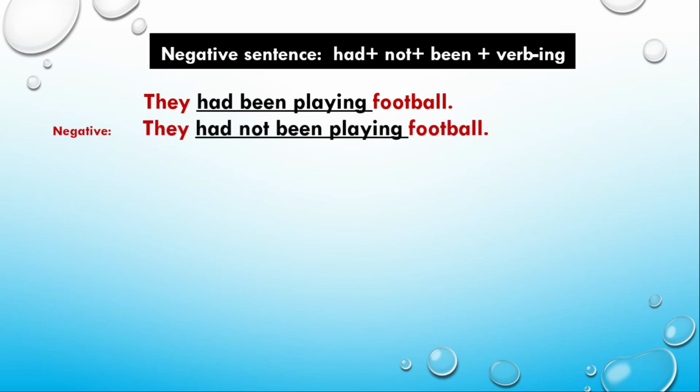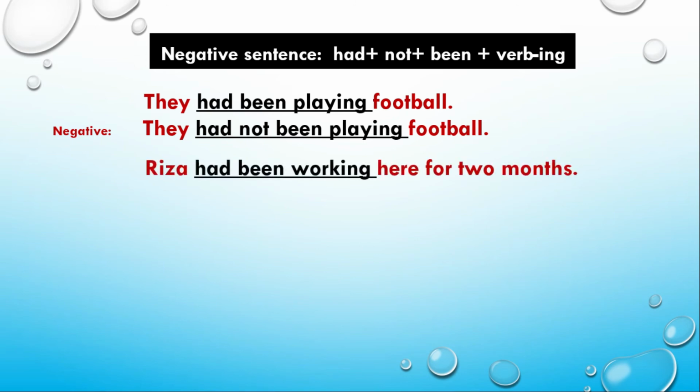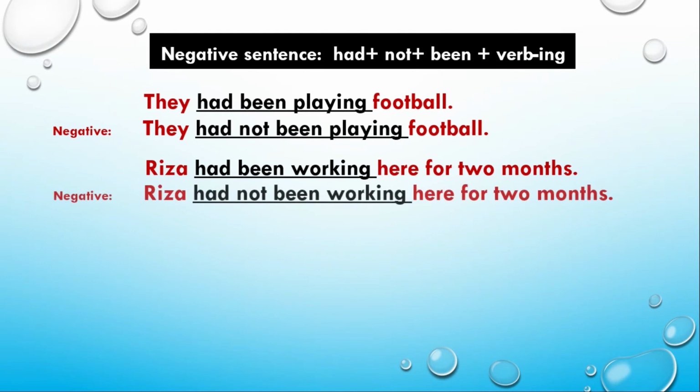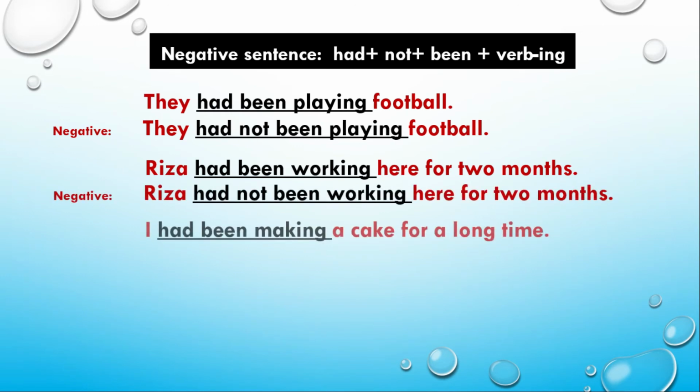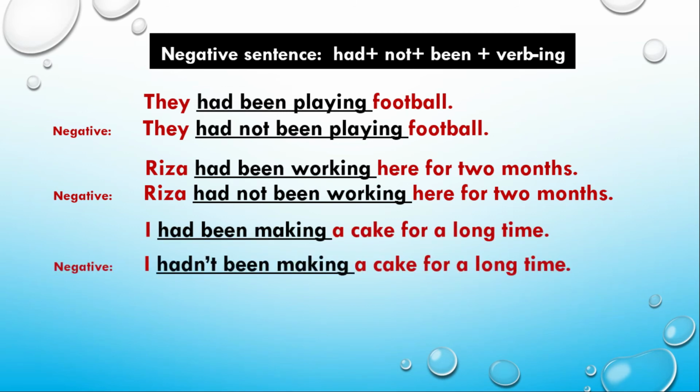This is the affirmative sentence. Negative: They had not been playing football. Riza had been working here for 2 months. Negative: Riza had not been working here for 2 months. I had been making a cake for a long time. Negative: I hadn't been making a cake for a long time.